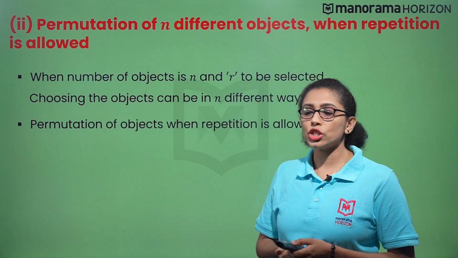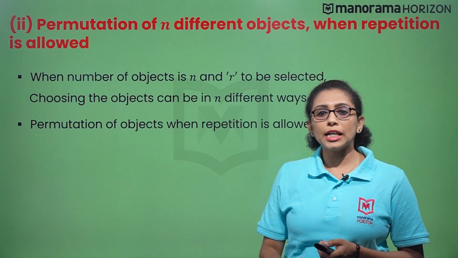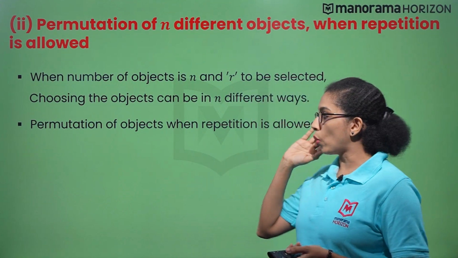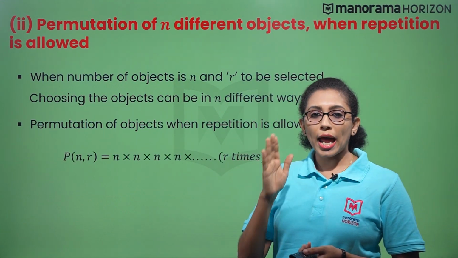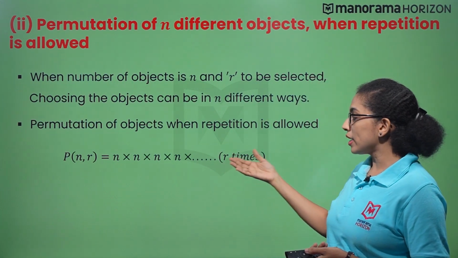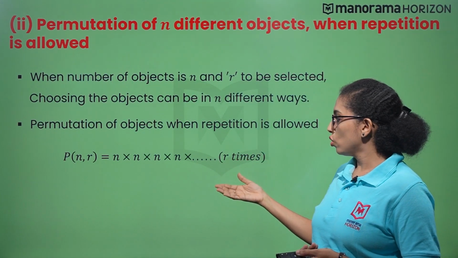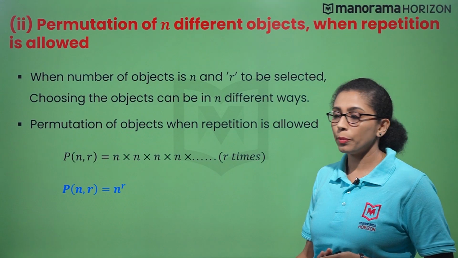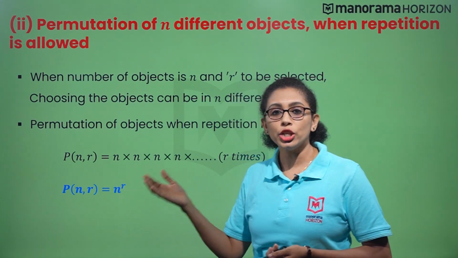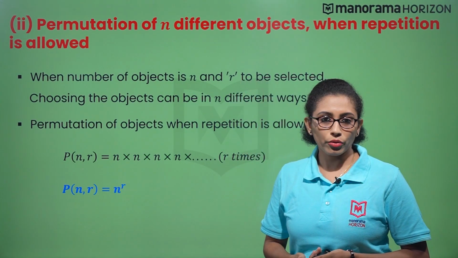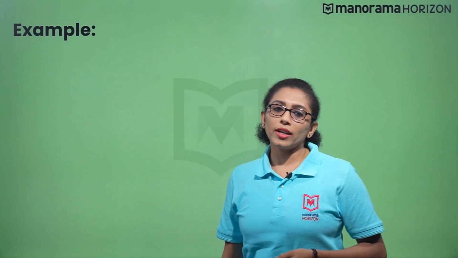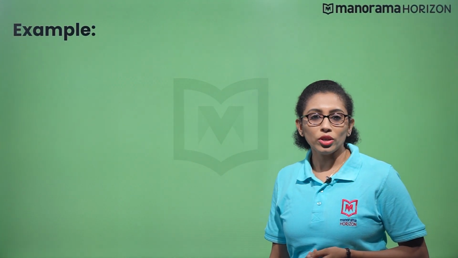Thus, the permutation of objects when repetition is allowed will be equal to n × n × n and so on, r times. So, this can be written as P(n,r) = n^r. Now, let's look at an example to understand this more clearly.